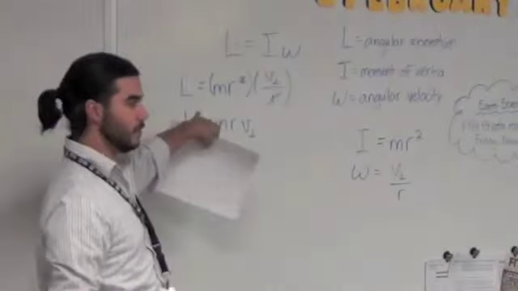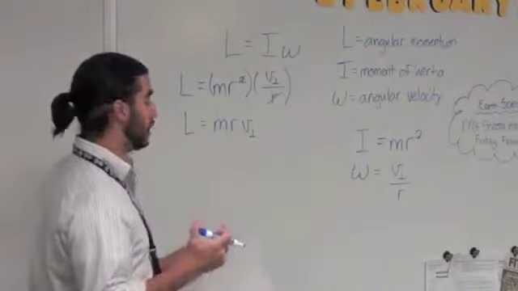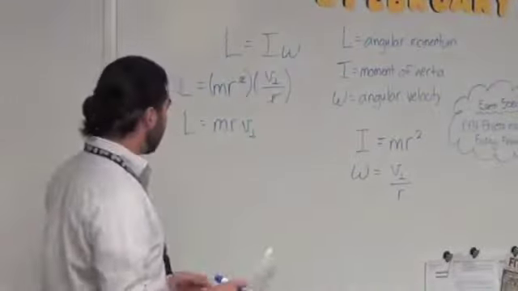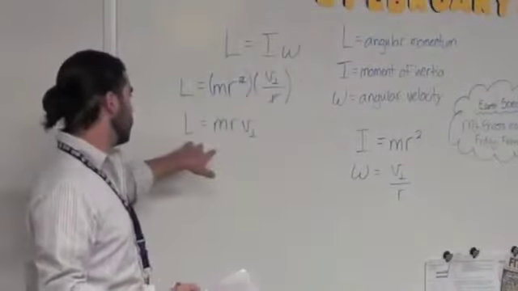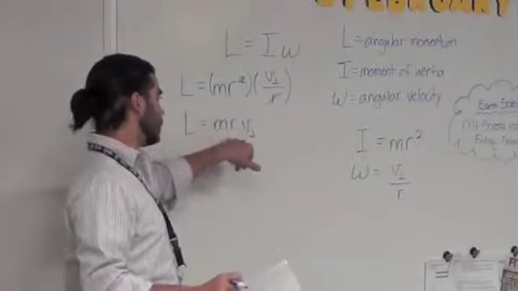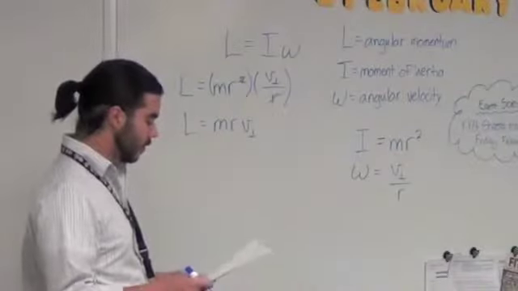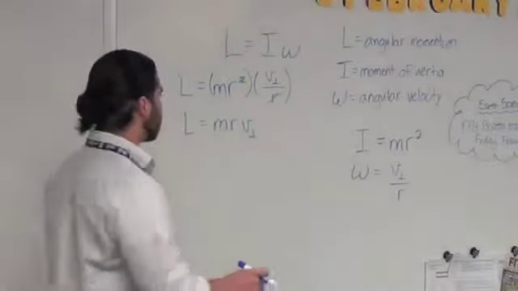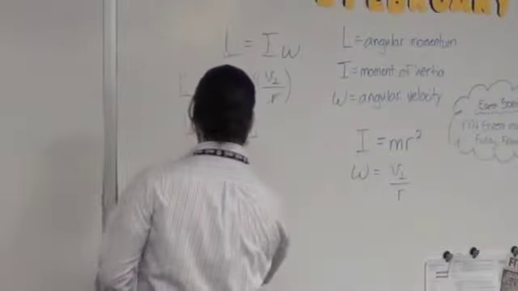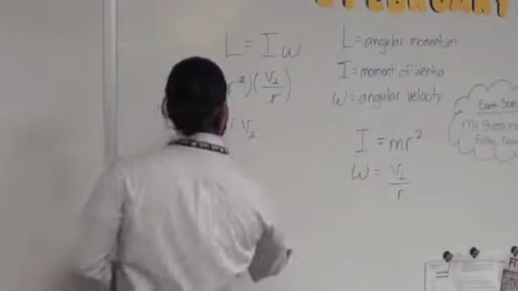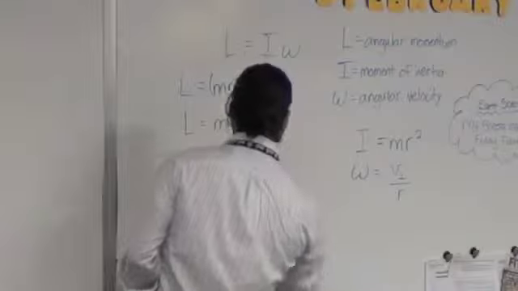This, in my opinion, is a much more useful equation for understanding it conceptually. But again, we're starting with the math. You can use the equation L equals I omega, or L equals the mass times the radius times the tangential velocity. If you just replace I in this equation, but not omega, you can also get that L is equal to mr squared omega.